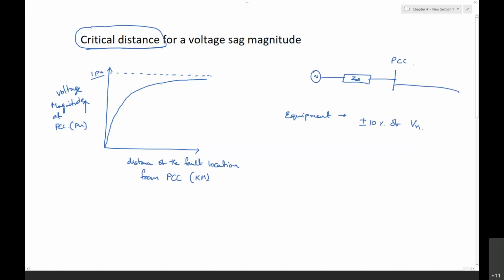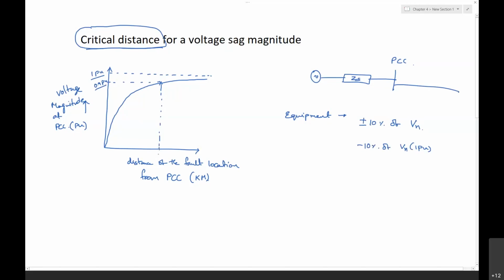In that case, the 10% is going to come over here. In that case, we can find out the distance. The distance is for this 0.9 per unit, which is minus 10% of the nominal value of 1 per unit.